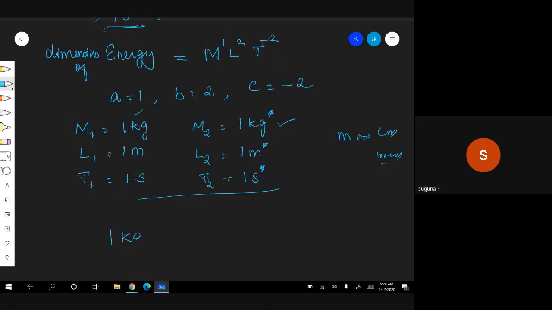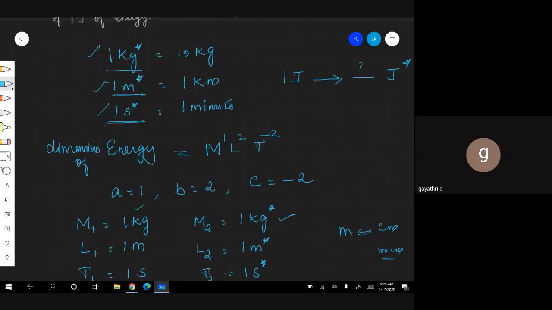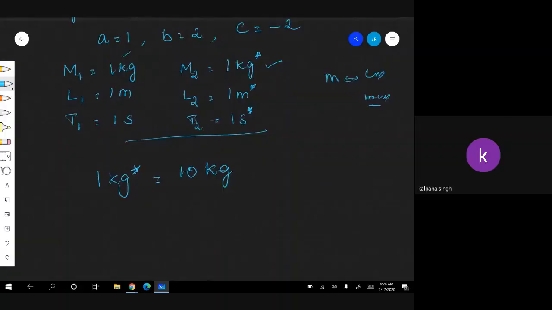1 kilogram star is equal to 10 kilogram. Given, na? Yes, ma'am. Wait. Understand properly. Okay. 1 kilogram star is equal to 10 kilogram. Right. Therefore, what is 1 kilogram?